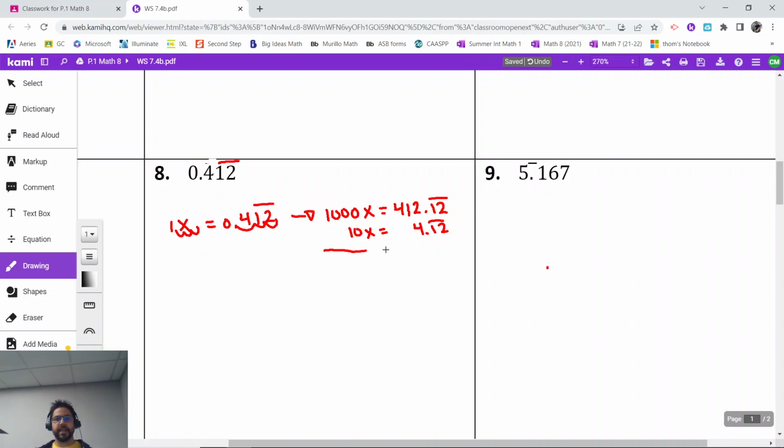So let's go ahead and subtract. Equal signs line up. We've got 990x is equal to, again, the repeated parts cross out. So that means we have a 408, and we're going to divide both sides by 990.